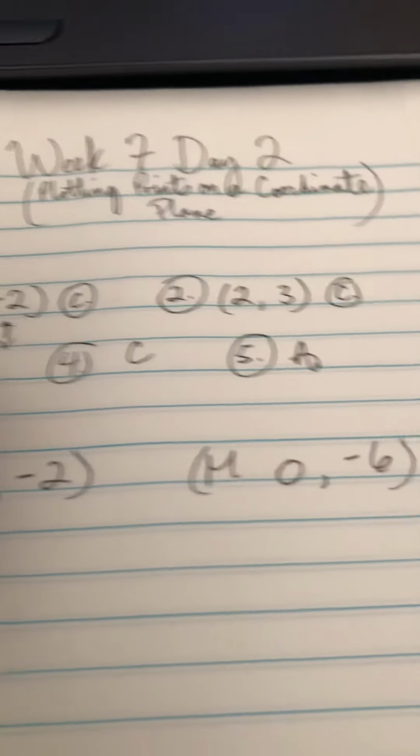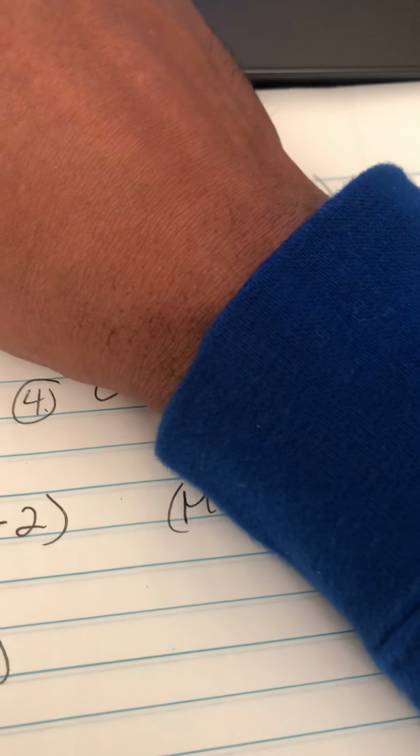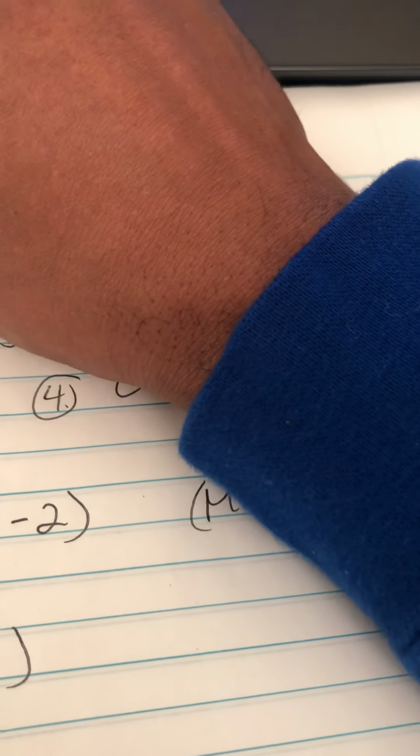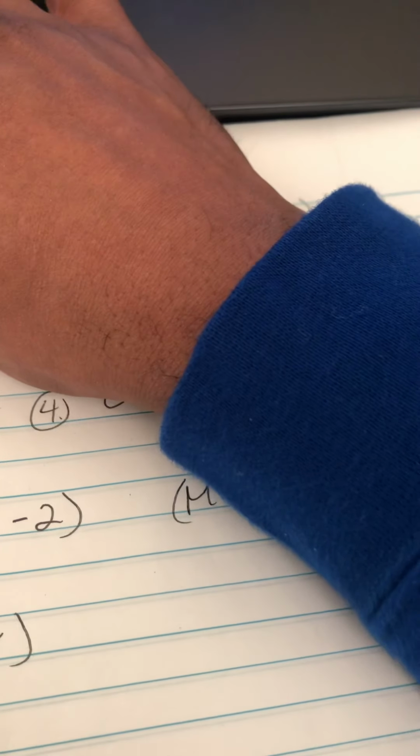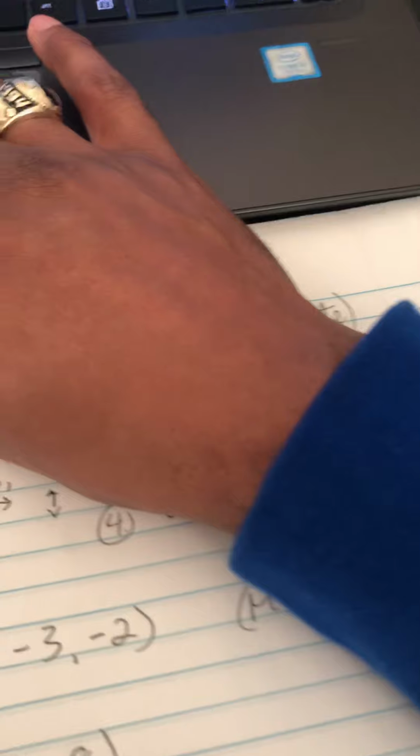G, ordered pair for G. That's going to be over 7 and then up 8. So G is (7, 8). Okay. All right. And then the next one is Q. Q is this way, so we're going over -8 and then 0.